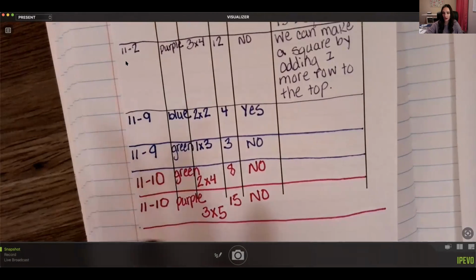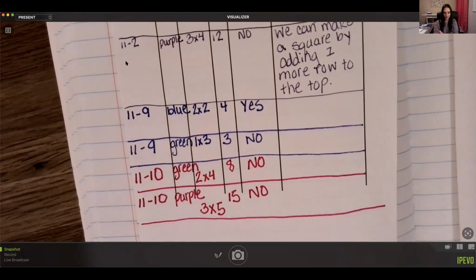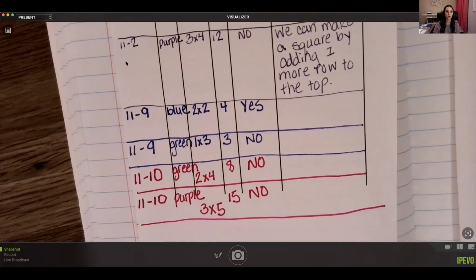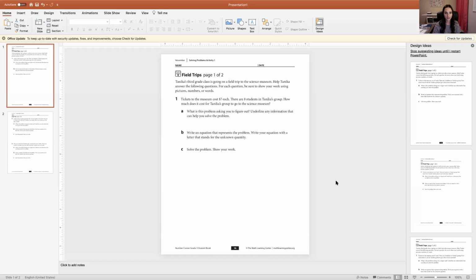Once you are all done, we are going to get out our thin notebook, our thin Number Corner book. Okay. And mine is right here. Okay, so you should be turned to page 16 in your thin Number Corner book. It's called Field Trips.